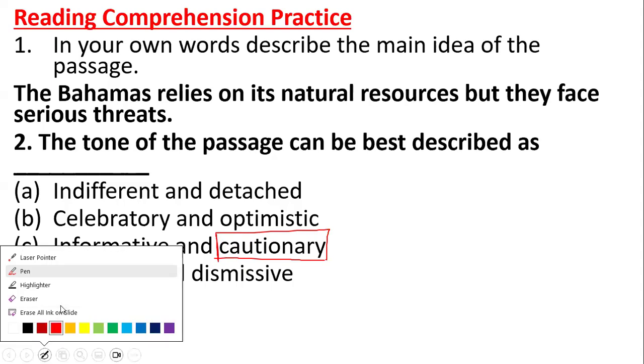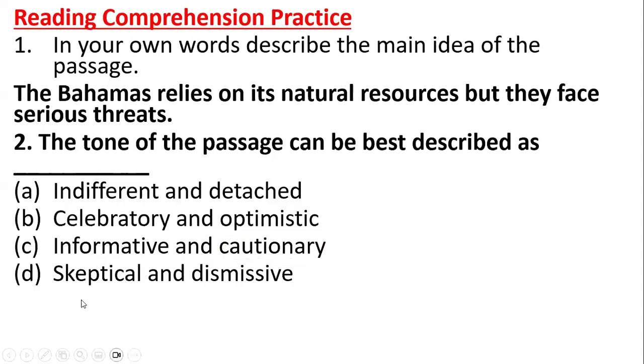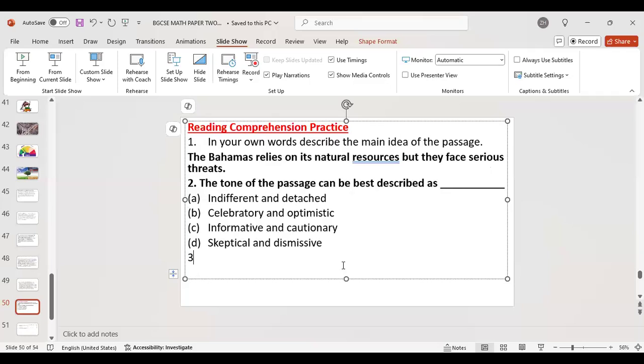All right, next. Let's go on to number 3. I like this one. Probably going to be our last one.